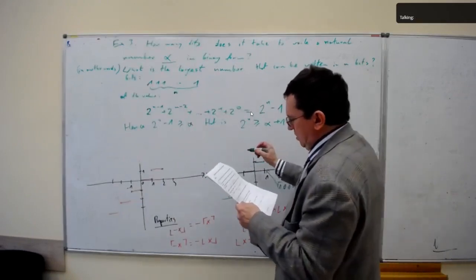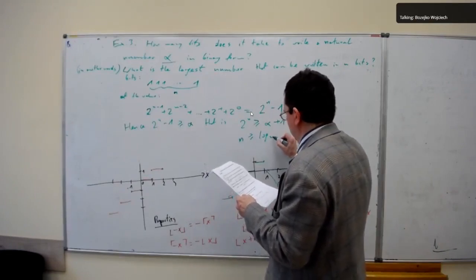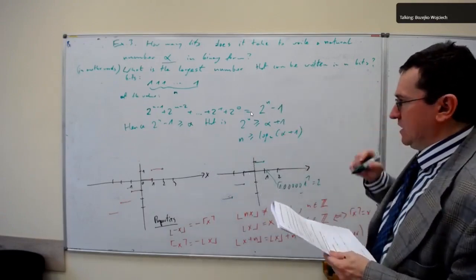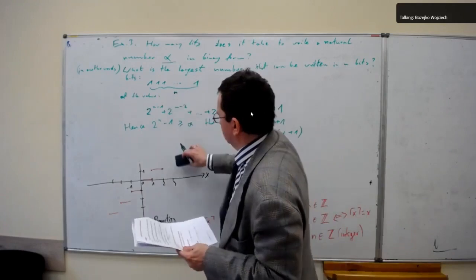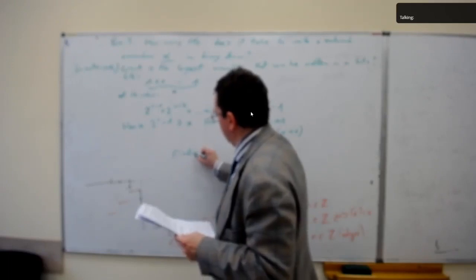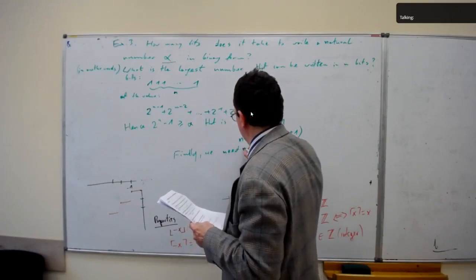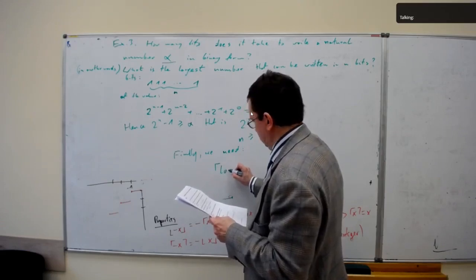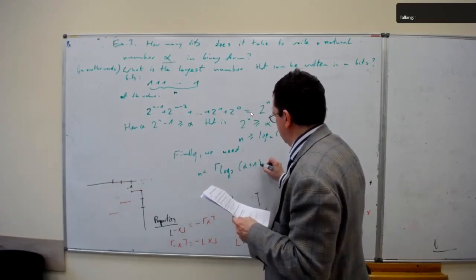So taking logarithm, we have n should be greater or equal than logarithm with the base 2 of alpha plus 1, but we should have a natural number of bits. The n is the number of bits. So finally, we need ceiling from the logarithm with the base 2 from alpha plus 1 bits.